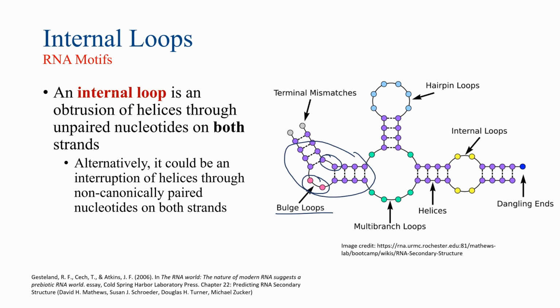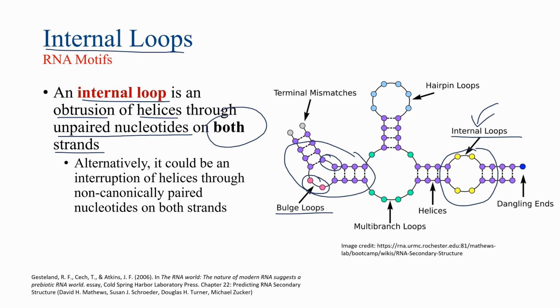This is in contrast with an internal loop. So an internal loop can be seen here to the right of the figure. And an internal loop, by definition, is an obtrusion or an interruption of helices through unpaired nucleotides on both strands. So if you take a look here at this internal loop, you'll notice that you will have unpaired nucleotides on this strand.